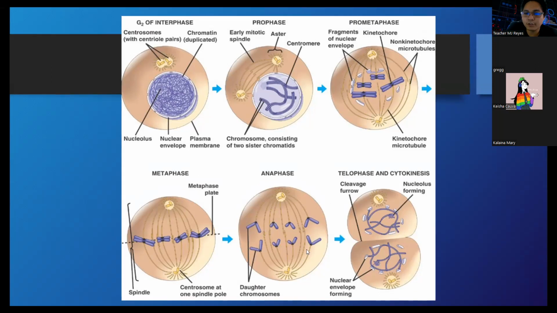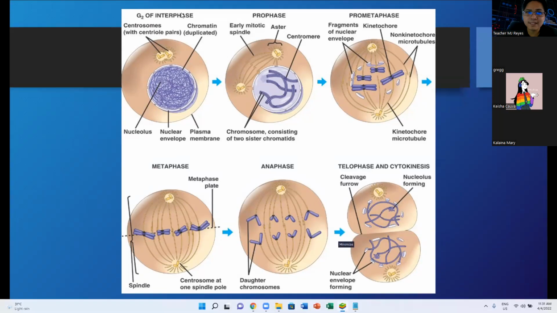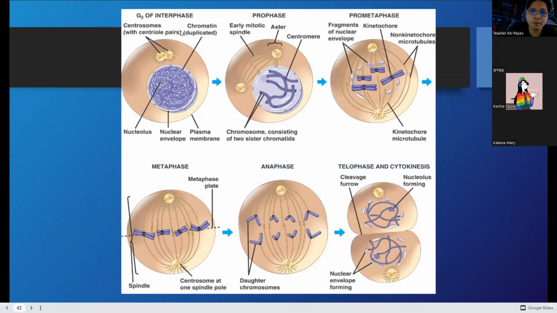As you can see, this is G2. You're preparing the cell. This is the preparation stage. After DNA replication, G2 prepares the materials needed for prophase or M phase. This is the M phase, or mitotic phase. In prophase, the nuclear membrane starts to dissolve itself.